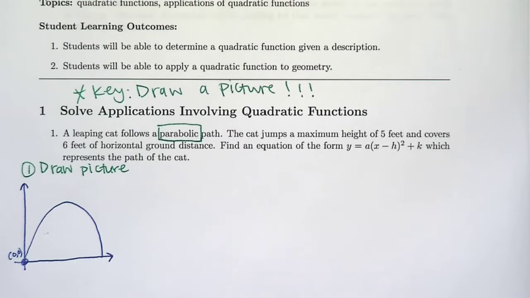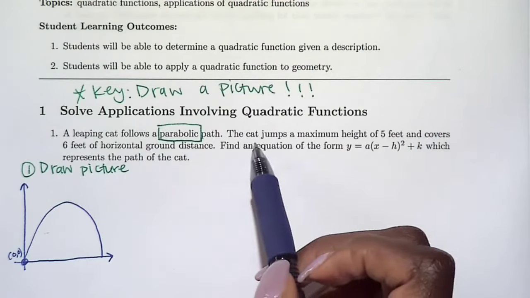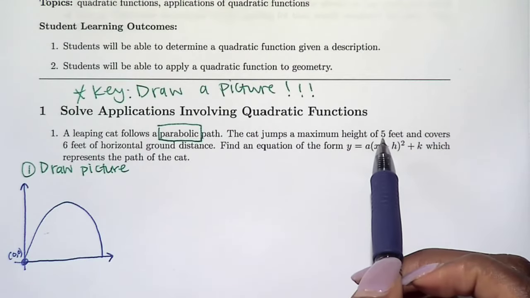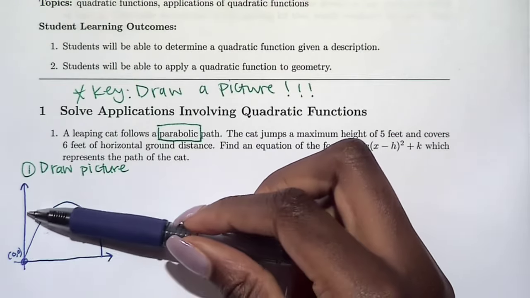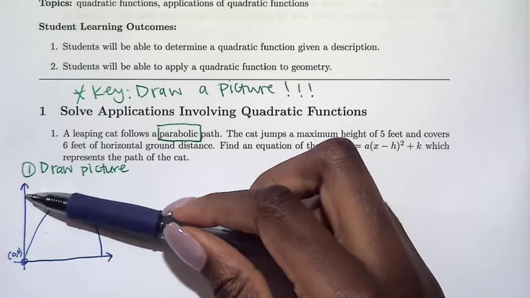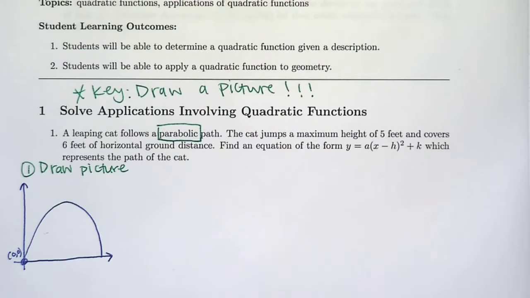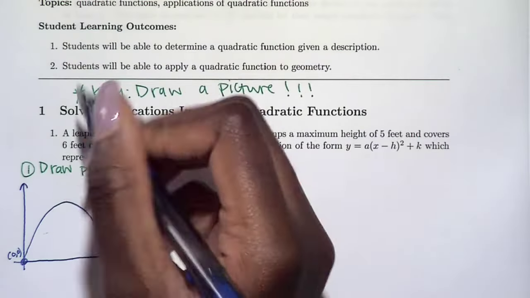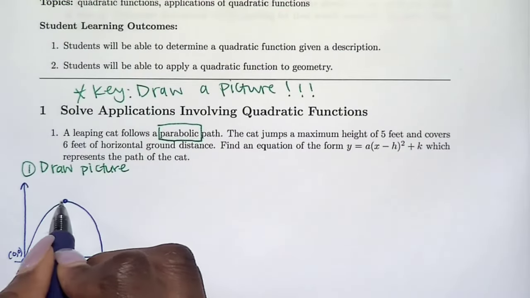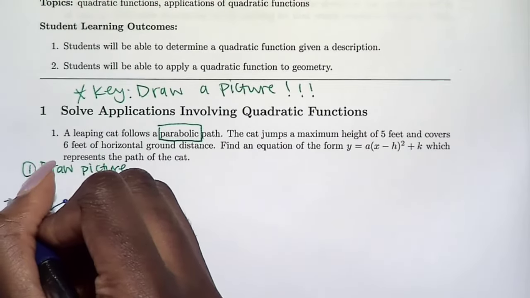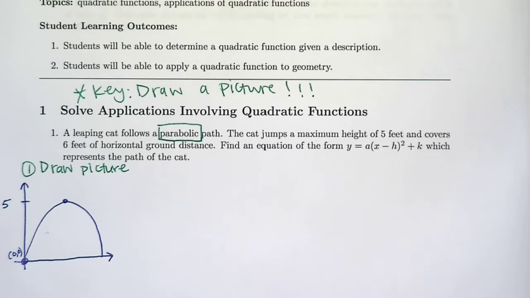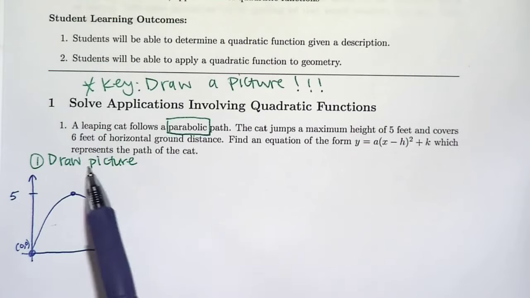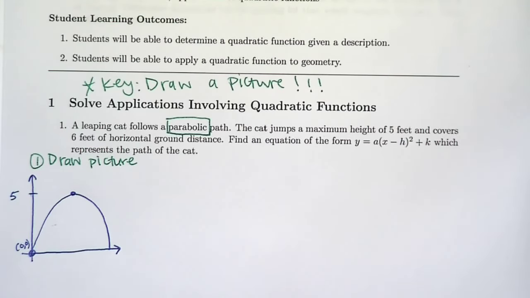What else do we know? Let's go back to the problem. It says the cat jumps a maximum height of 5 feet. So the highest point that the cat jumps is 5. Well, what part of the parabola does that represent? This is the highest part of the parabola, so that happens at a height of 5. We know the y value for this point is 5.